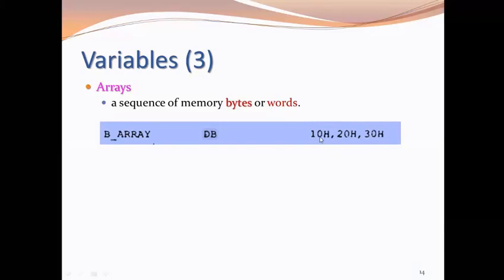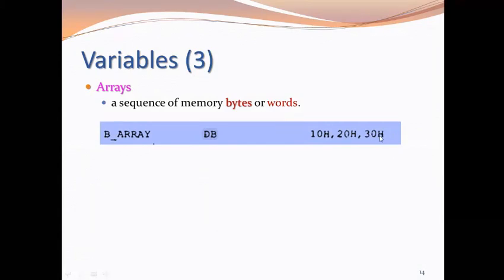So this is the name of the array, this is the type, byte level array, and these are the values for it. So you need 3 addresses for storing these 3 values. Am I right or wrong? Yes, sir. So B array 0, B array 0 plus 1, B array 0 plus 2.